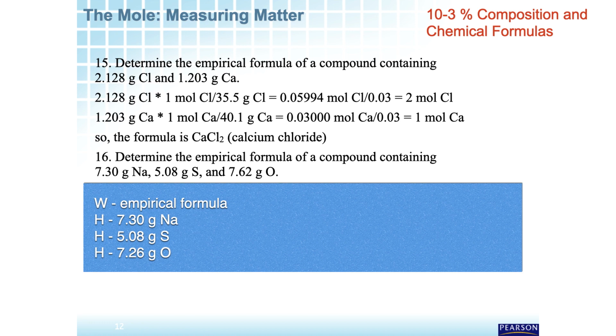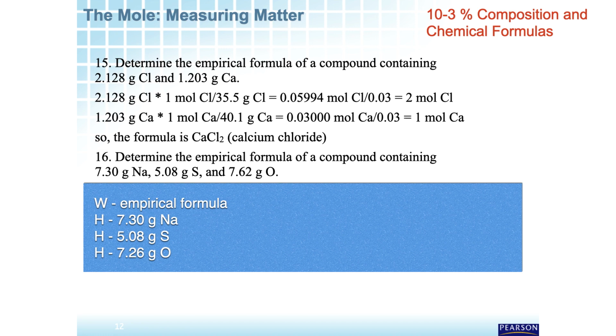When I do 0.05994 divided by 0.03, I get 2. When I do 0.03 divided by itself, I get 1. So the formula is CaCl2, because remember, when we're doing empirical formulas for ionic compounds, the metal ion always comes first. You could also check it. Once you get the formula, if you can name it properly, then you probably have the right formula.